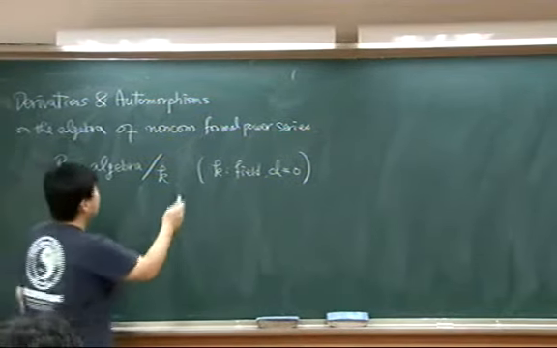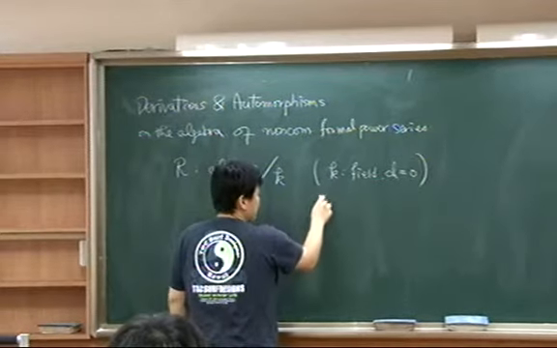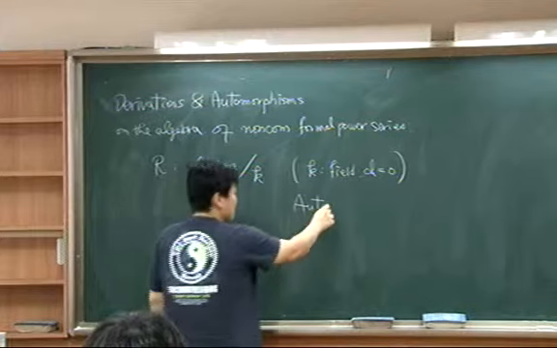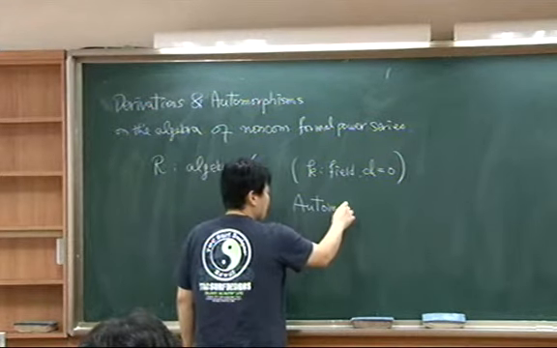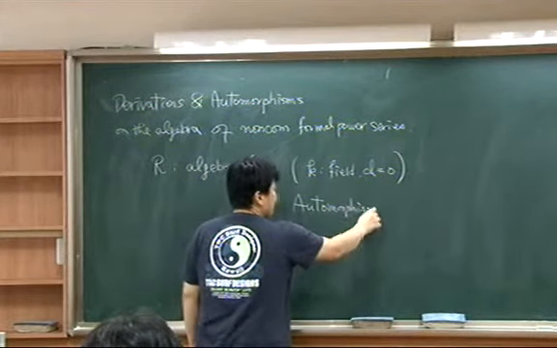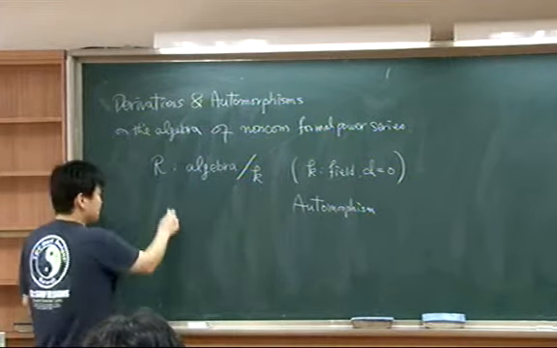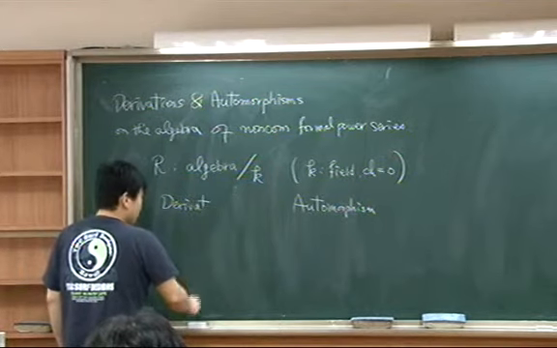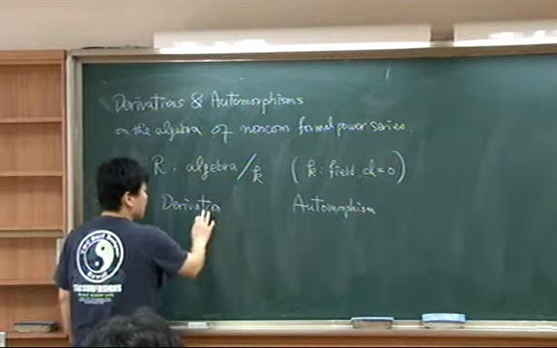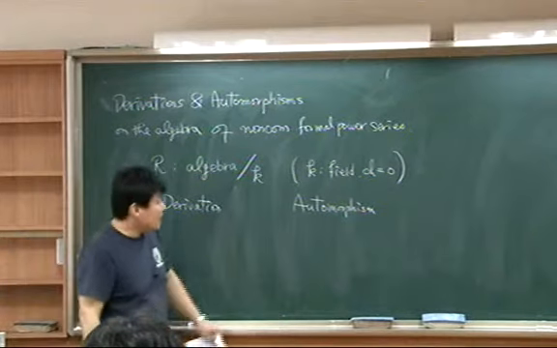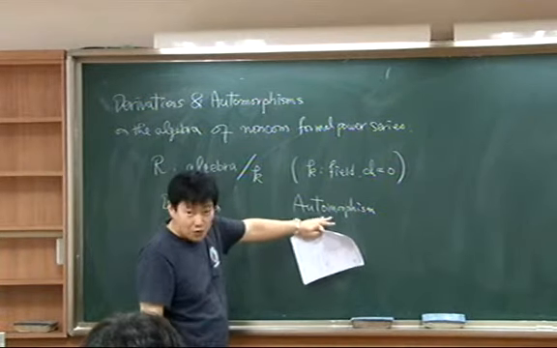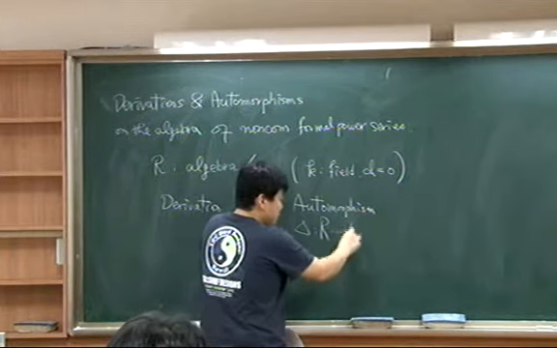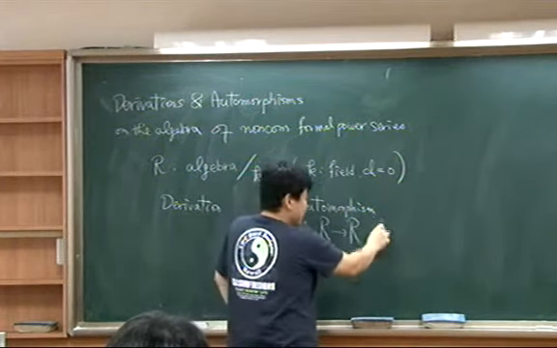One is algebra automorphism. The other one is a derivation.